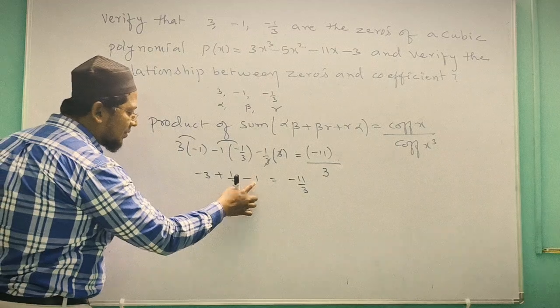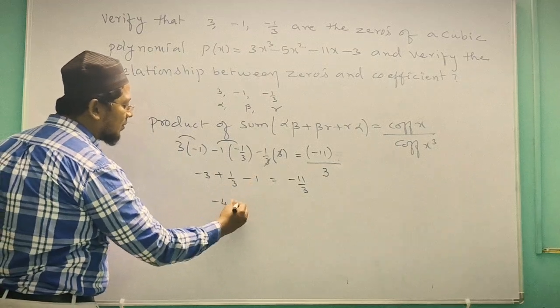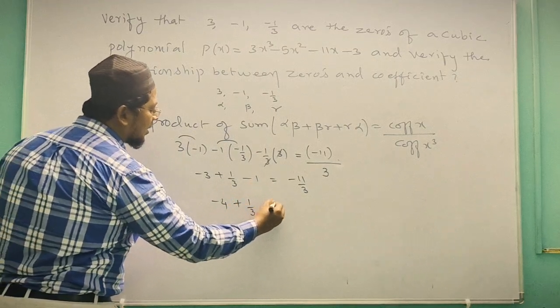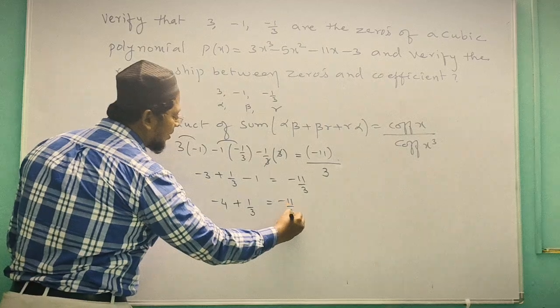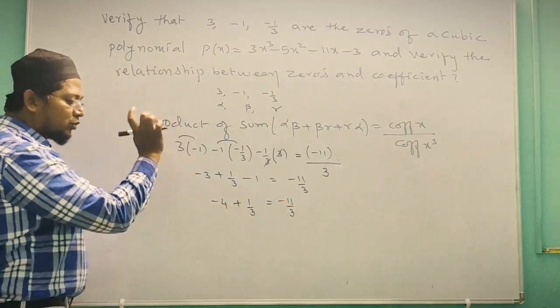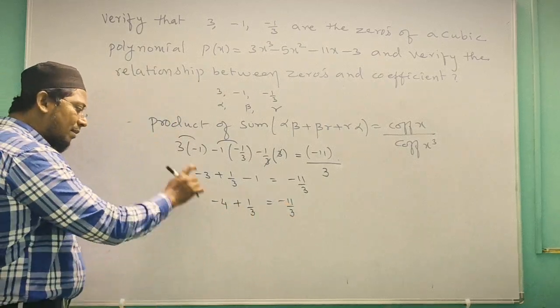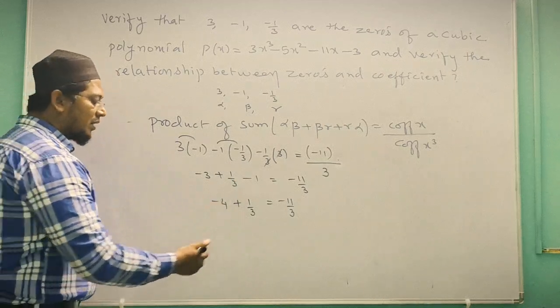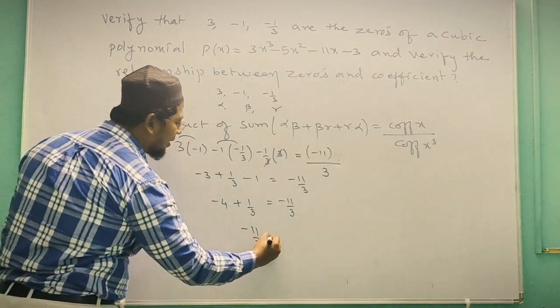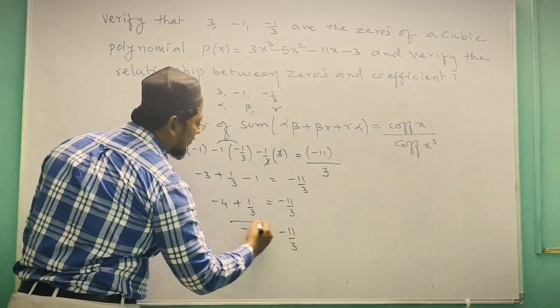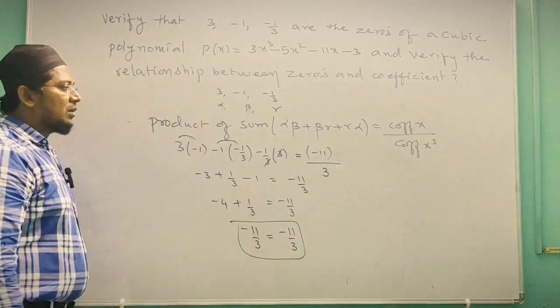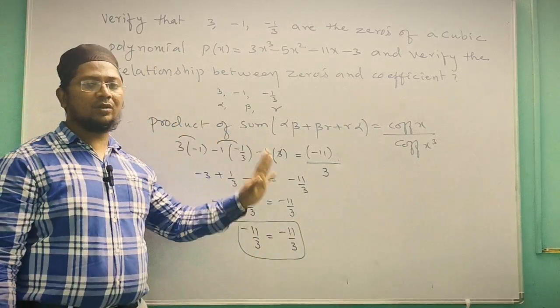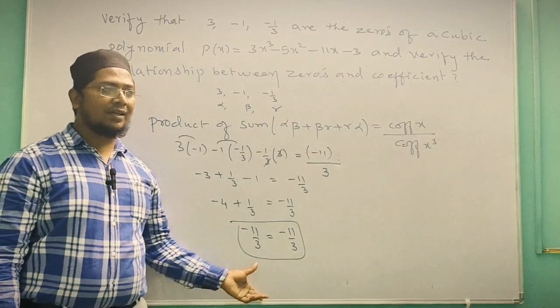So minus 3 minus 1, minus 4 plus 1 by 3. This RHS is minus 11 by 3 already fixed. 3 4s are 12, minus 12 plus 1. Yes, very good. Minus 11 by 3, and here also minus 11 by 3. LHS is equal to RHS. Product of sum also verified.